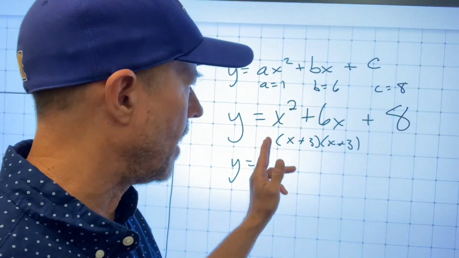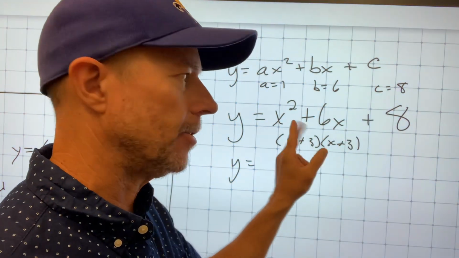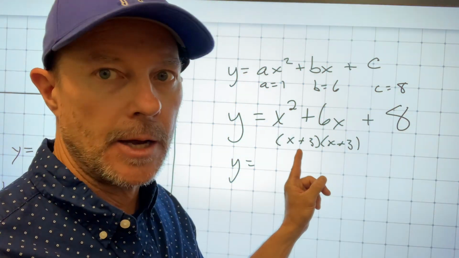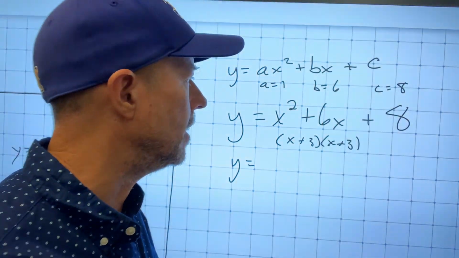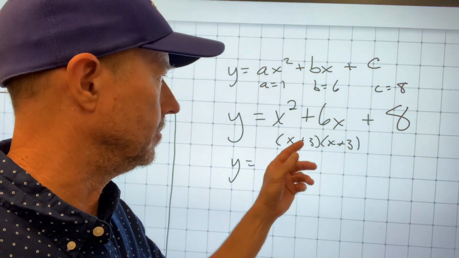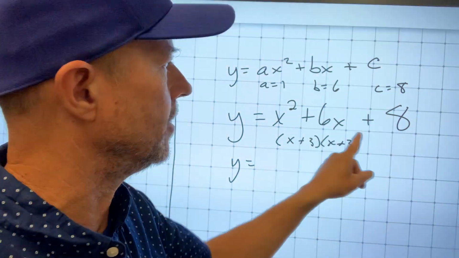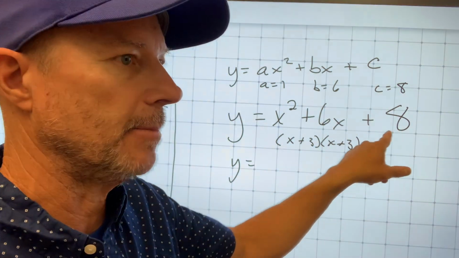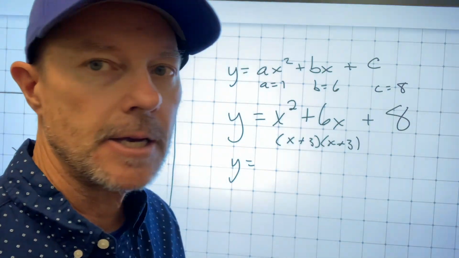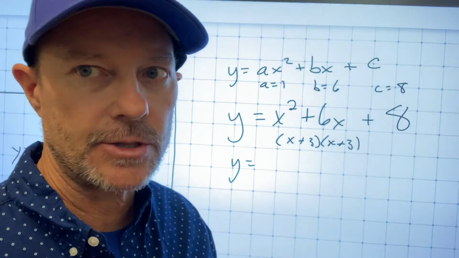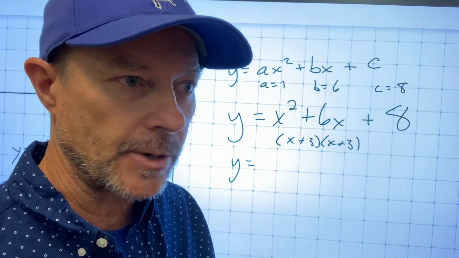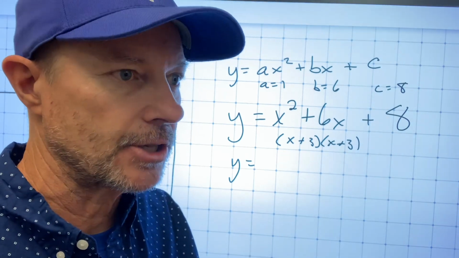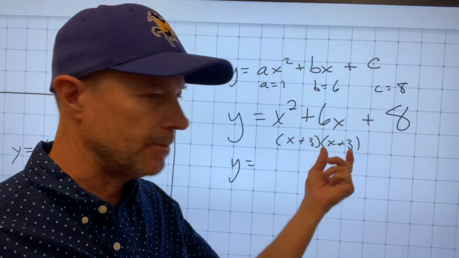So this trinomial does not factor to a binomial times itself. In fact, I guess it would factor to 2 and 4, since 2 times 4 would give me 8 and add to 6. So I'm not factoring it in the traditional sense. I'm trying to create a perfect square trinomial so that it factors to a binomial times itself so I can see the shift.